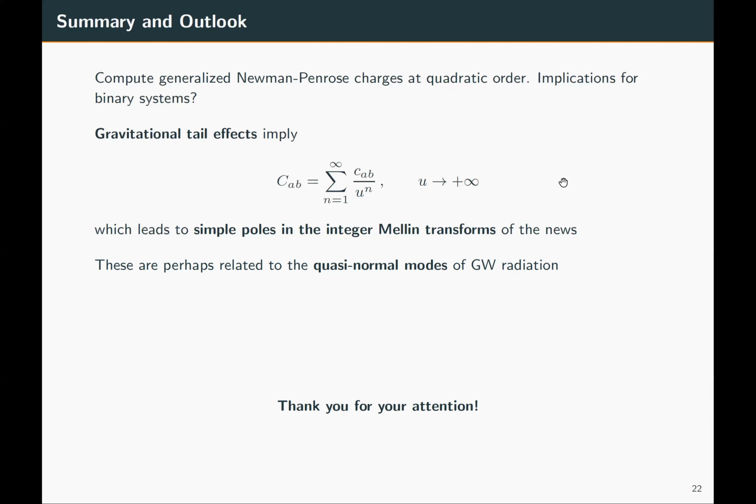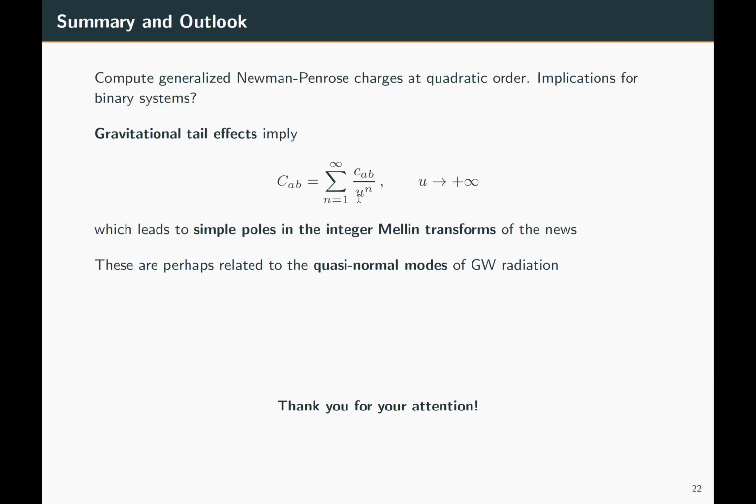But here, what I'm saying is that given this behavior of the tail effect, and this we know again from our analysis of tail effects in the paper with Luc Blanchet, we see that there are terms proportional to u to the minus n with every integer power of n, including 1.